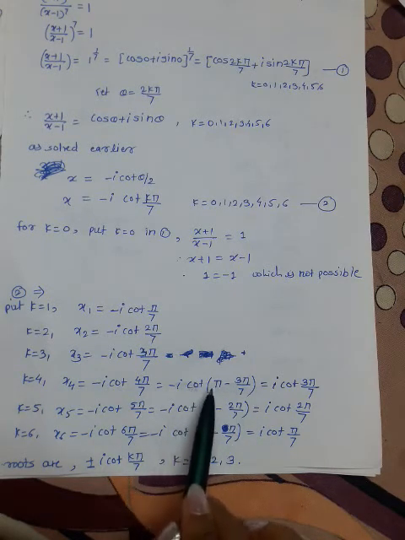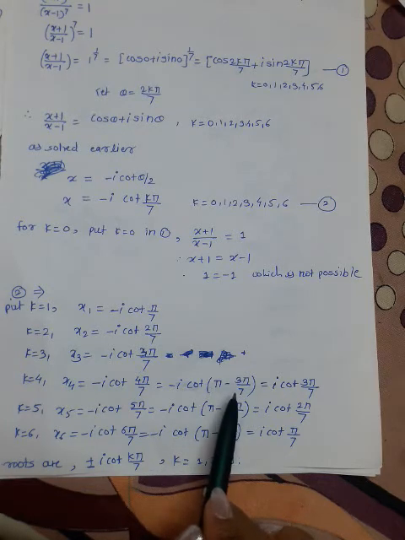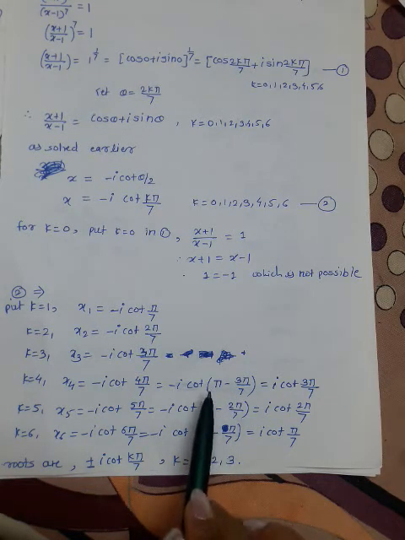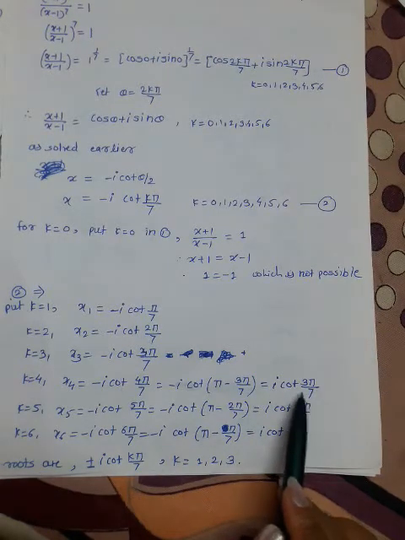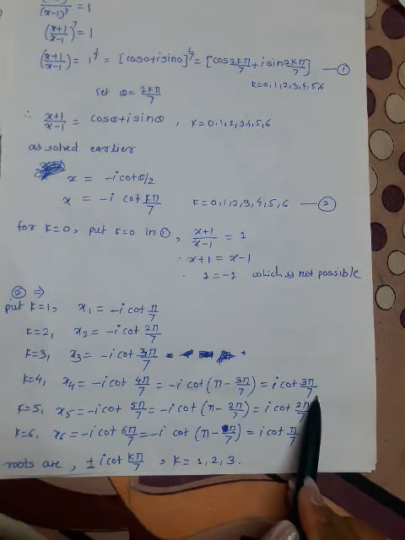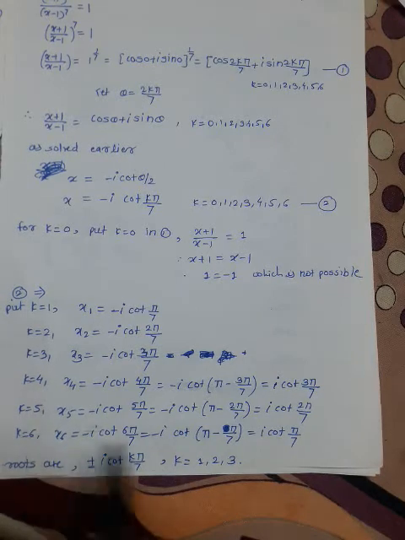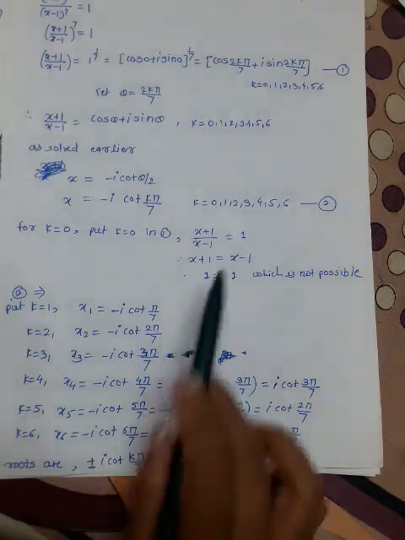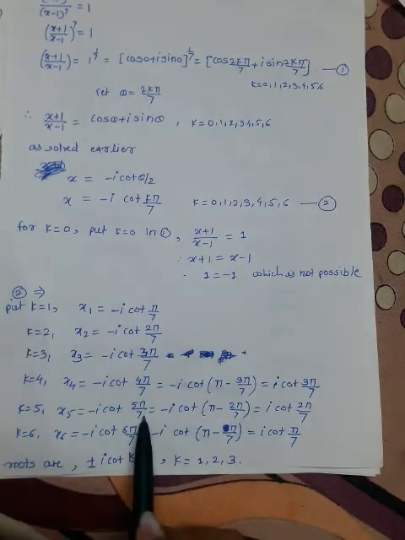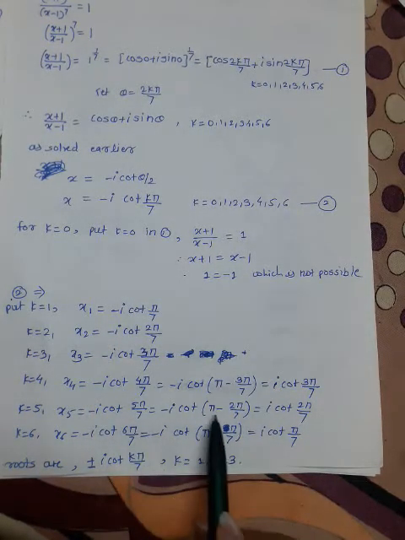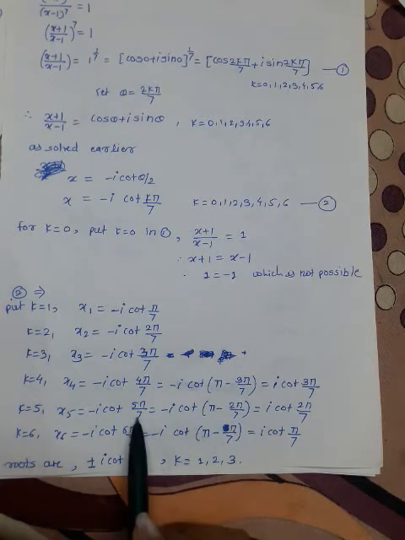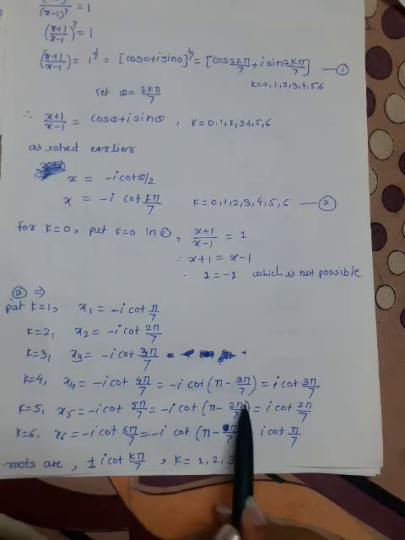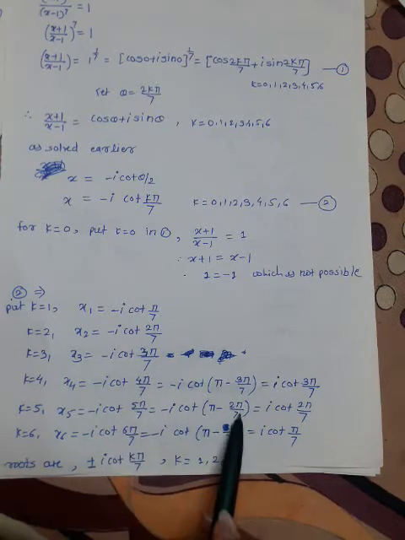Now we know cot of (pi minus theta) is minus cot theta, therefore minus minus becomes plus i cot theta, that is i cot 3 pi by 7. Now put k is equal to 5, we get the fifth root as minus i cot 5 pi by 7. 5 pi by 7 can be written as pi minus 2 pi by 7. Cross multiply and you will get 5 pi by 7. Again 2 pi by 7 is the second angle here.